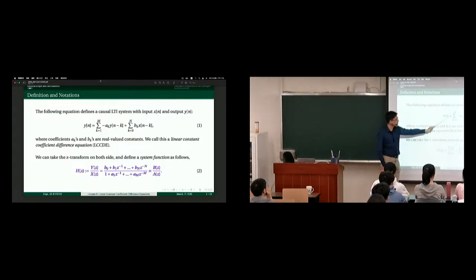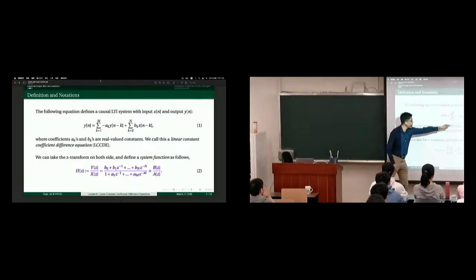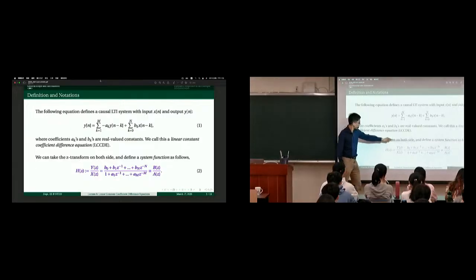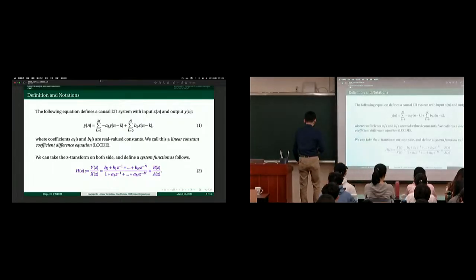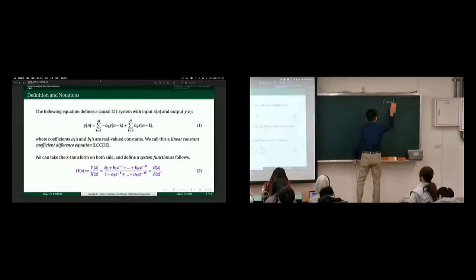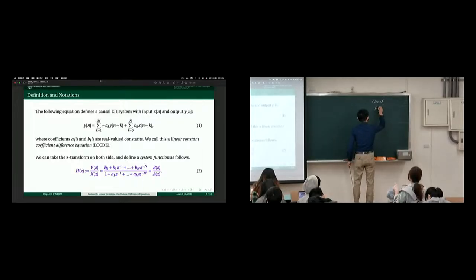Transform both sides of the equation into the Z domain, from small y to big Y, from small x to big X. Then if we organize our terms into big Y divided by big X, as I mentioned last time, the result is a ratio of two polynomials, to be exact.